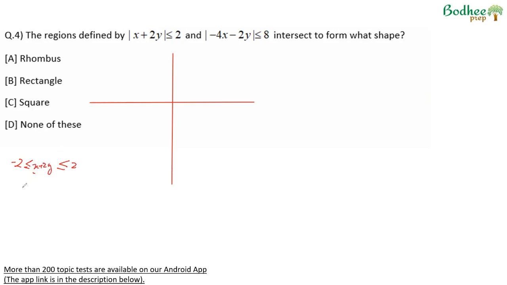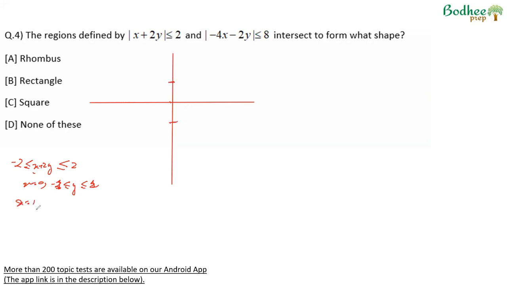Now I'm just looking at values of x and the range that y will take for each value of x. If x is 0, we will get minus 2 is less than equal to 2y is less than equal to 2, divided by 2. So for x is 0, y will range from 1 to minus 1, everything in between.